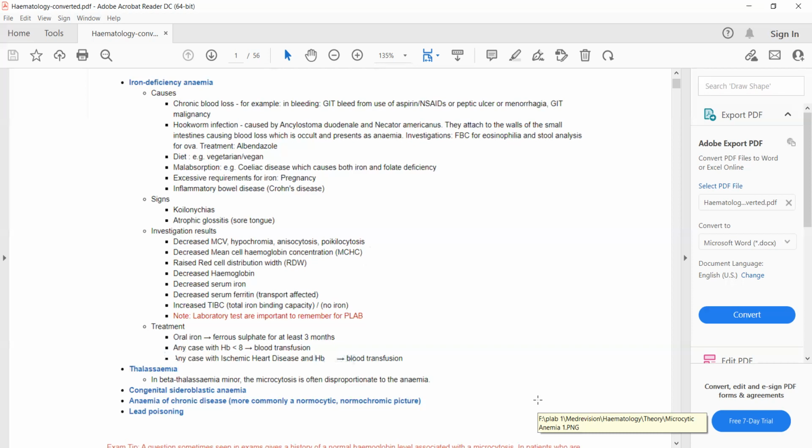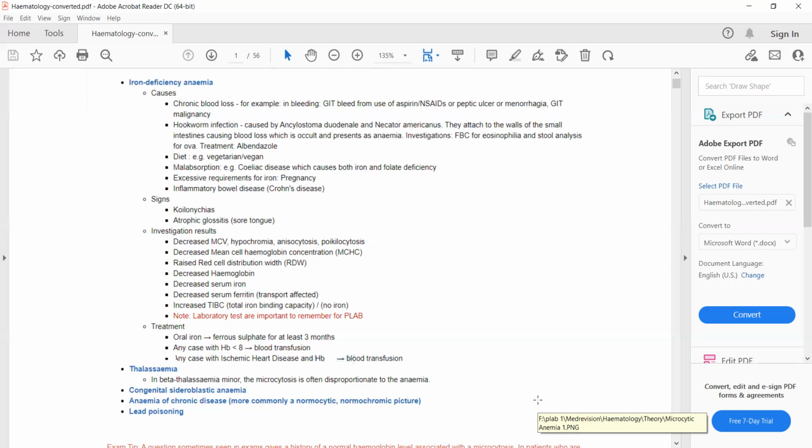How will we diagnose iron deficiency on lab results? Because there's deficiency of iron, MCV, the volume of RBC, will be decreased. So decreased MCV, hypochromia, decreased MCHC.